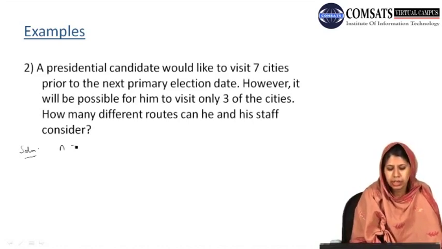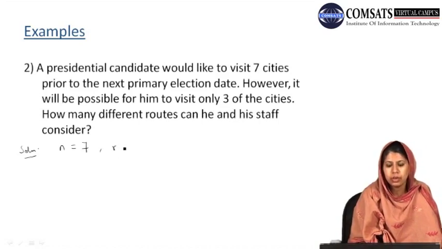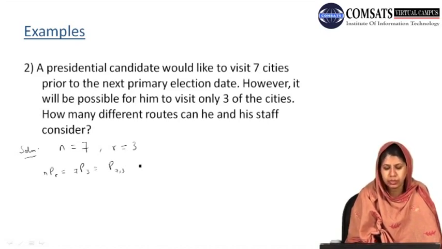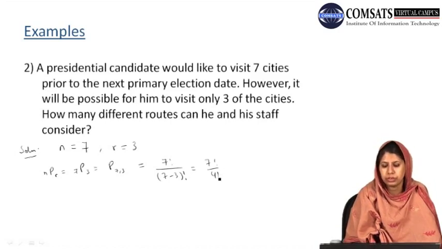So our n is equal to 7, that is the total number of objects, and the objects we are taking out is 3, which is equal to r. So nPr is equal to 7P3, which is also written as P subscript 7 comma 3, which is equal to n factorial, which is 7 factorial, divided by n minus r factorial, which is 4 factorial.